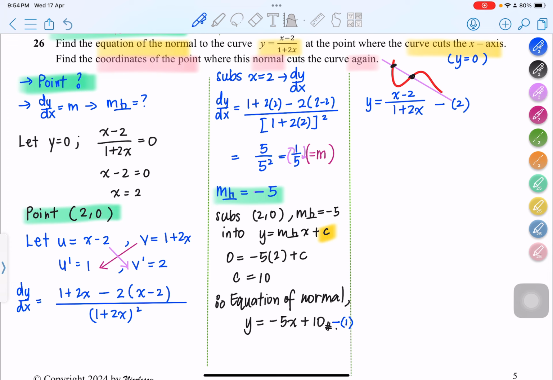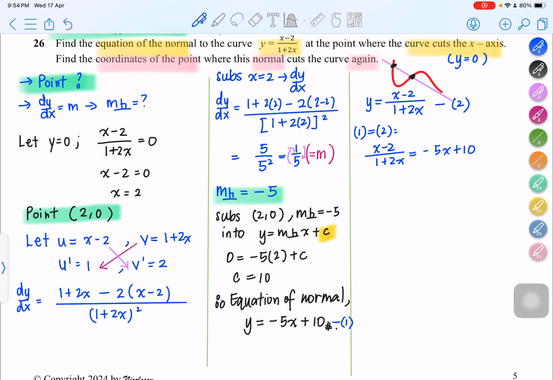Using simultaneous equations, making them equal to each other, I get (x minus 2) over (1 plus 2x) equals negative 5x plus 10.